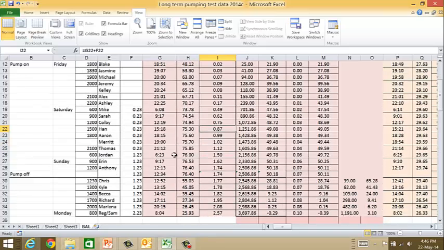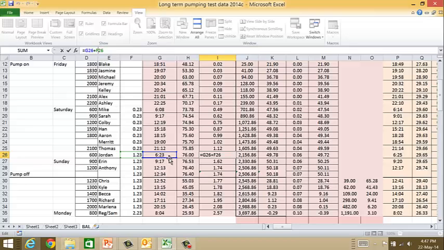And then for Sunday, we just had to do the same thing, except we had to add 1.23. So for the 6 o'clock reading on Sunday, that's given here in elapsed time, and that's the 6 hours and 23 minutes converted into decimal days.